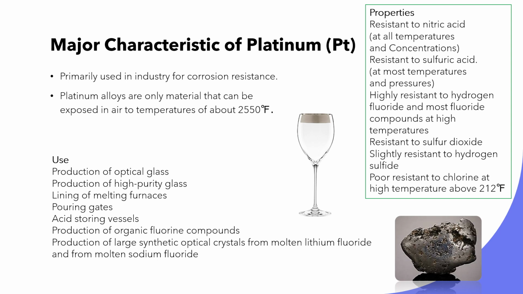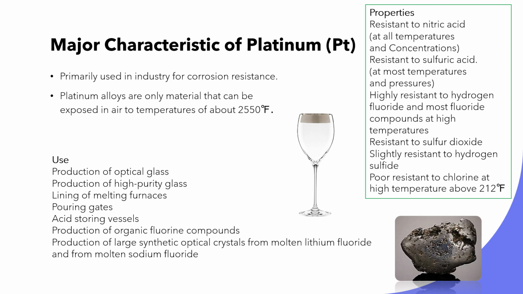Okay, let's get into platinum. Primarily we use platinum in industry for corrosion resistance. Platinum alloys are the only material that can be exposed in air all the way to a temperature of about 25-50 degrees Fahrenheit. This is their special use.